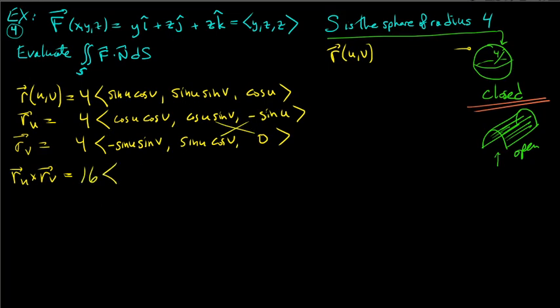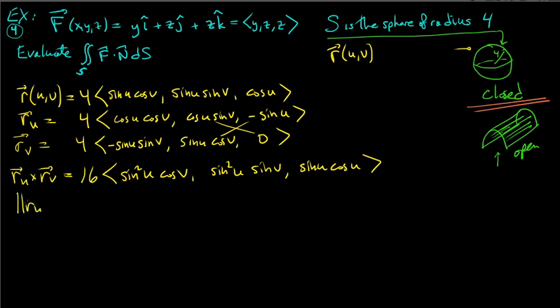The vector will just be the usual sine squared u cosine v, sine squared u sine v, and then sine u cosine u. Right, because you're going to get cosine squared v plus sine squared v is 1. And we did the magnitude already.